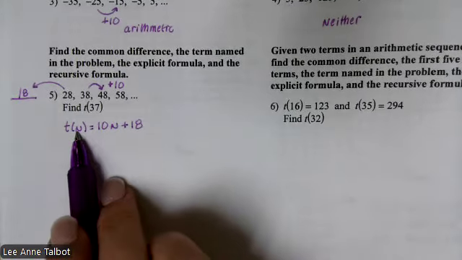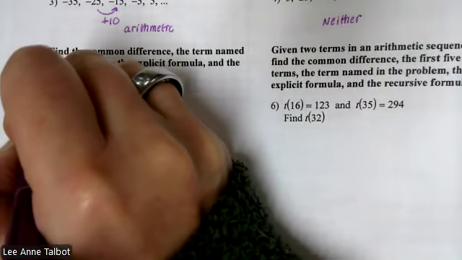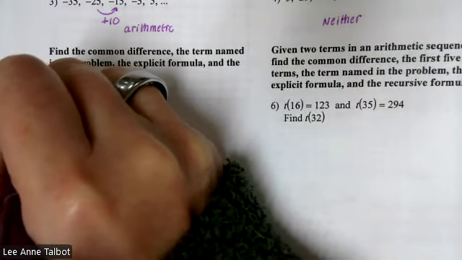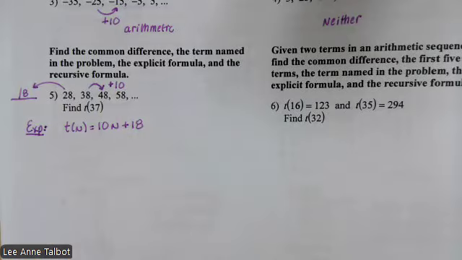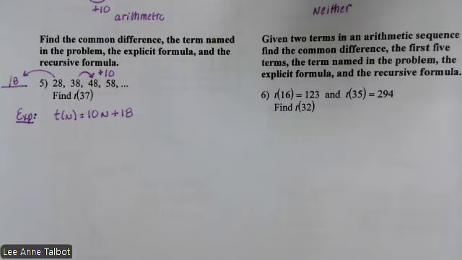And remember, this is like y equals mx plus b. Because this is notes, you might want to label that as your explicit. I'm too lazy to write the whole word explicit, but we got the idea.